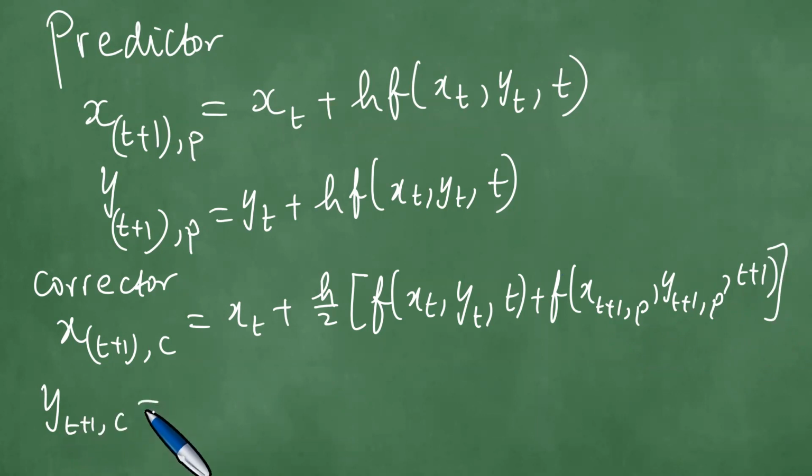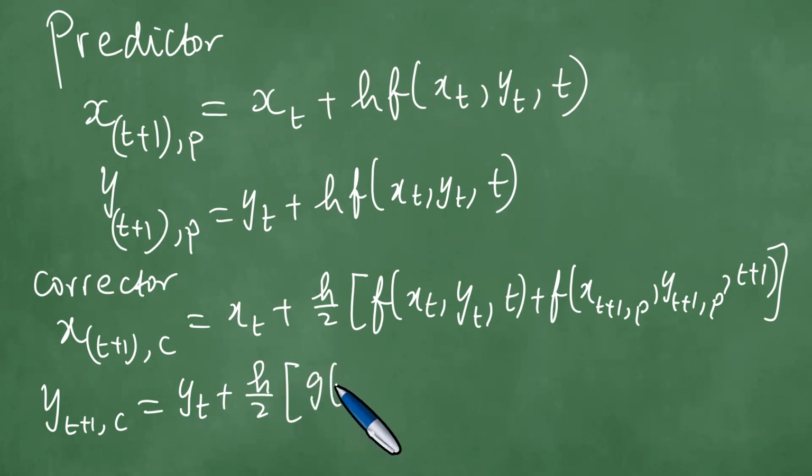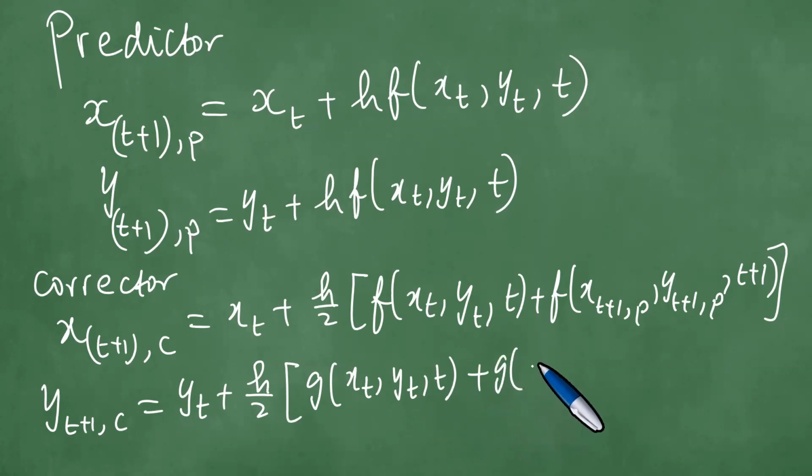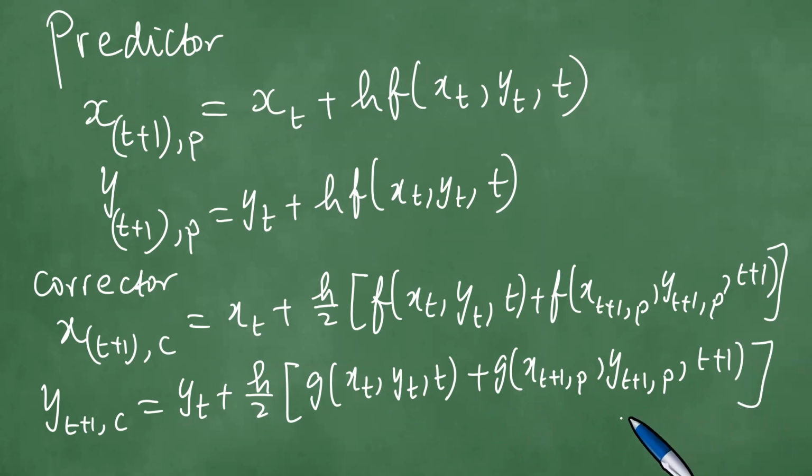And for y at t plus 1, c, it is yt plus h over 2, which is g of xt, yt, t, plus g of xt plus 1 p, yt plus 1 p, t plus 1, like this.